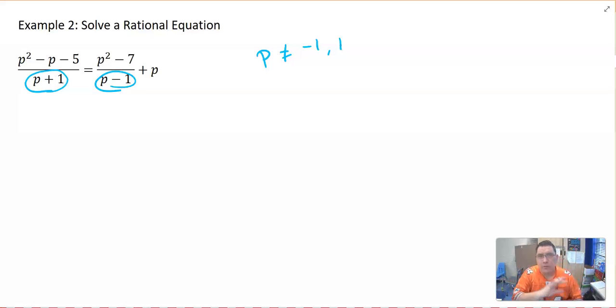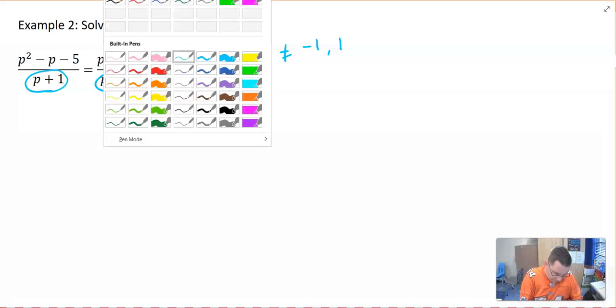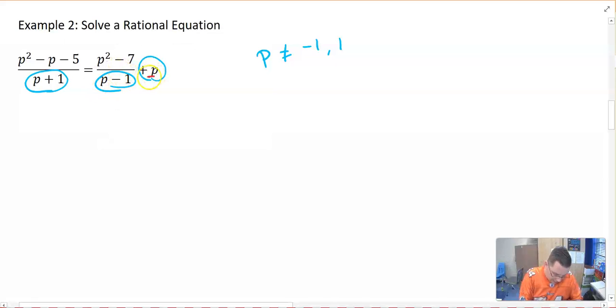Now, again, a couple different ways you can attack this. You can get this p plus 1 and p minus 1 on the same side and deal with it that way. But in my opinion, the easier method is just to get this with a denominator here. And so what we're going to do to get that common denominator is that this would need a denominator of p minus 1.